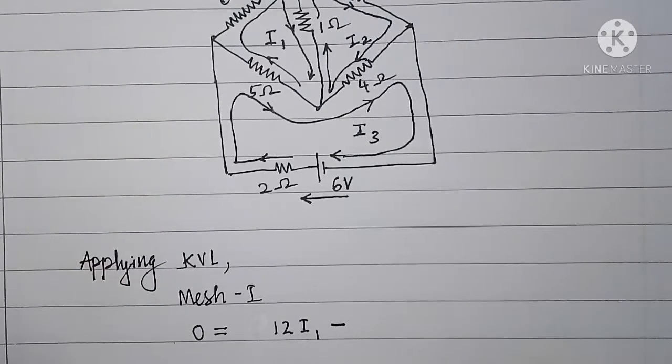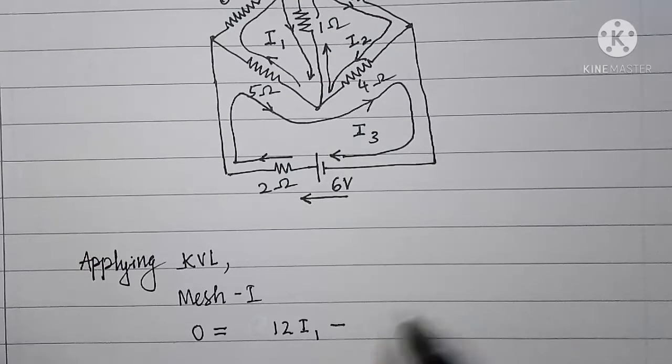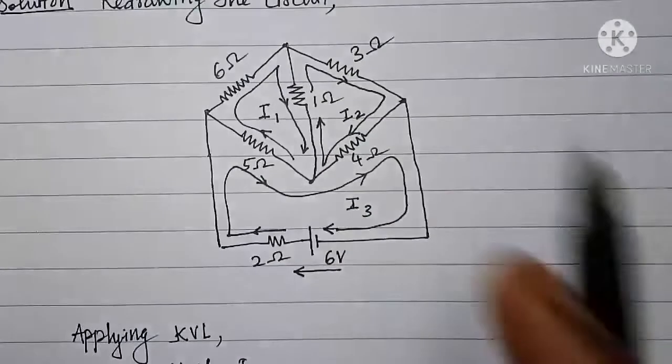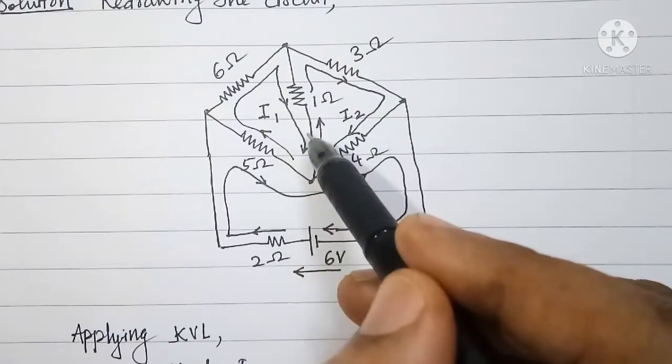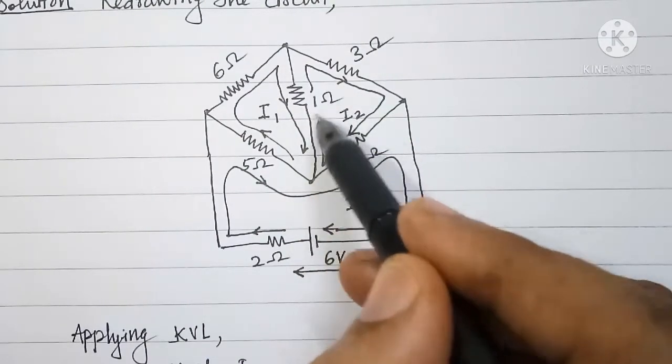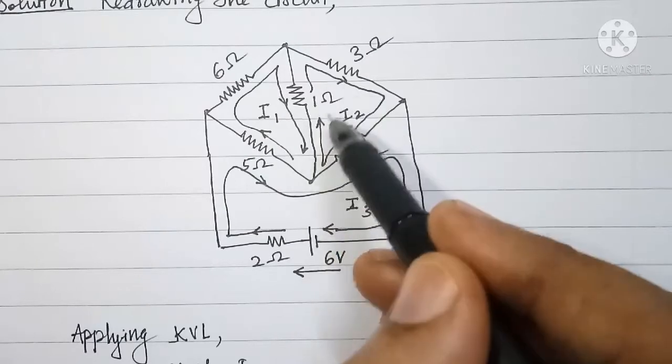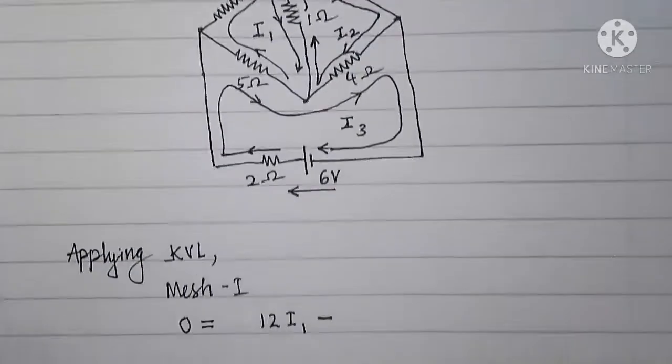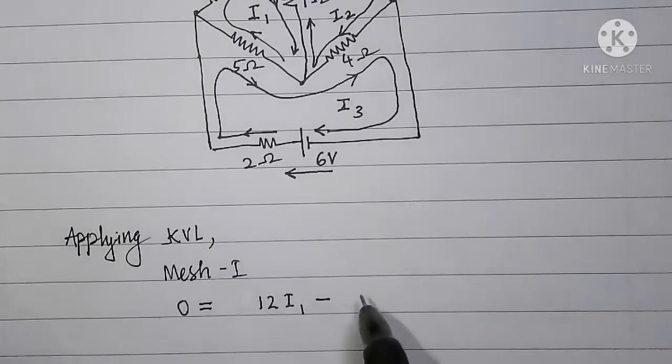Minus the common resistance between mesh 1 and mesh 2 into mesh 2 current I2. The common resistance between mesh 1 and 2 is 1 ohm and mesh 2 current is I2, so we have to write here 1 I2.